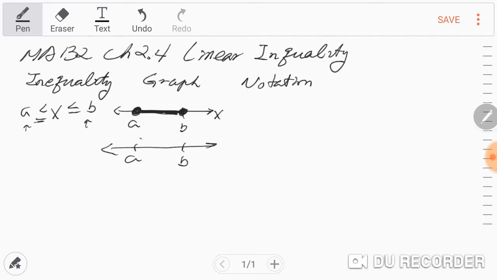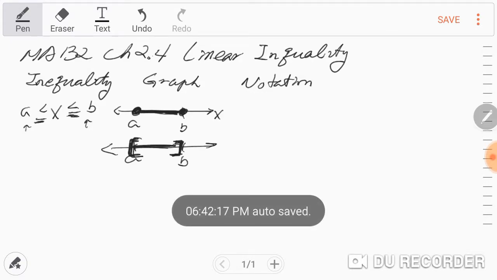Then we can use brackets. A bracket means the endpoint a is included, and there's a bracket on b, so b is included. With an equal sign, always use a bracket, and then make a bold line between a and b.